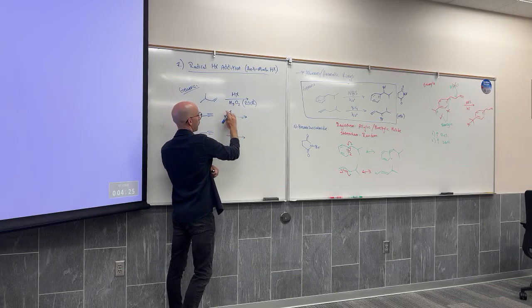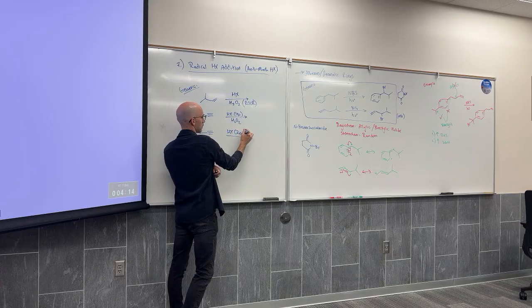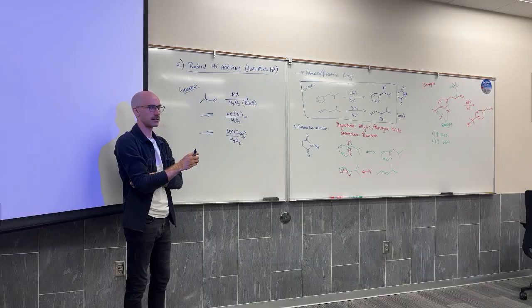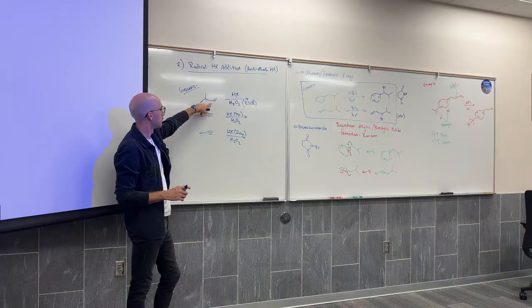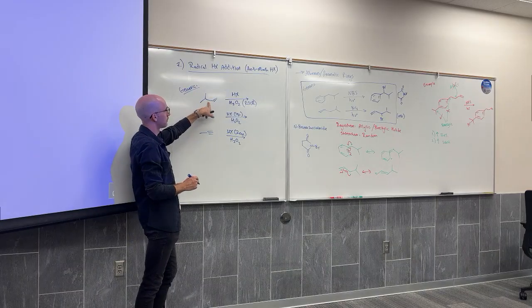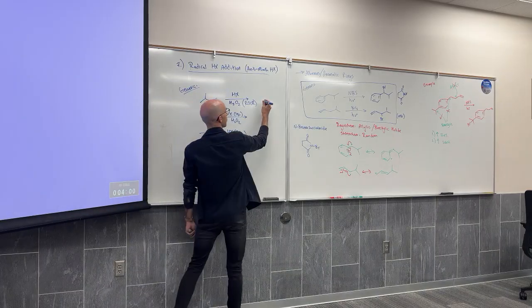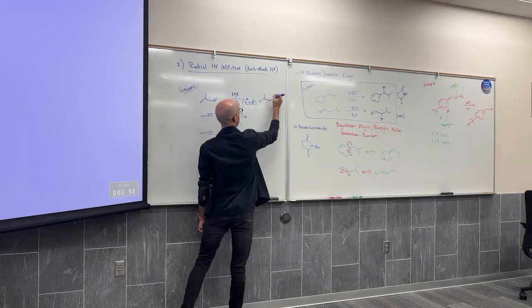If I have one equivalence of HX in the presence of my peroxide versus having two equivalences of HX in the presence of my peroxide, I get two different products. Here, I'll get the least substituted alkyl halide.